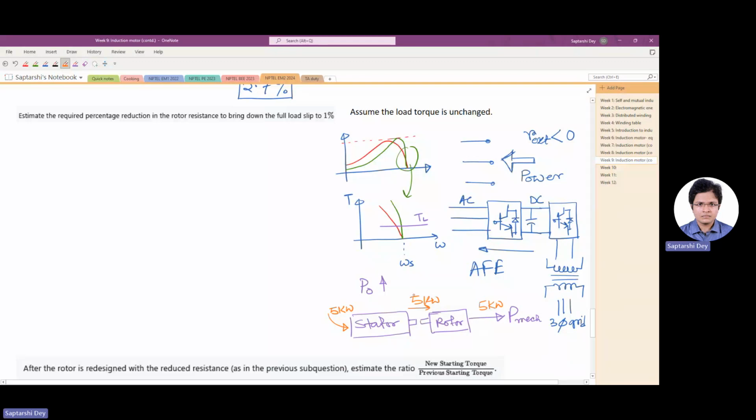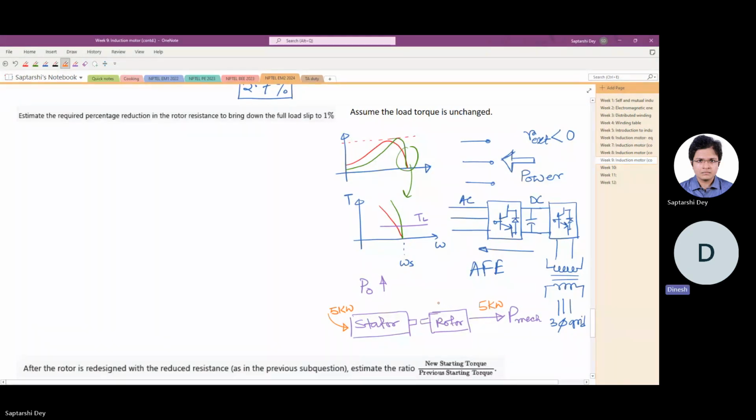Is it not possible that we give 5 kilowatt to the stator? Is it possible that we give 5 kilowatt to the stator, since it is rated for 5 kilowatt, and by this scheme we give 5 kilowatt to the rotor also, and at the output we get 10 kilowatt of mechanical power?